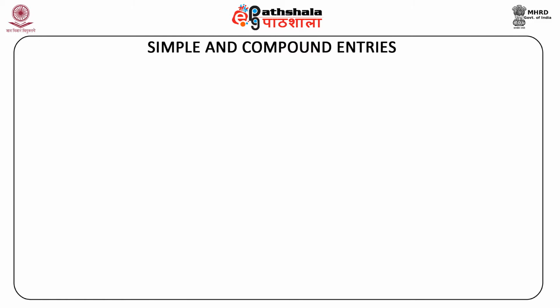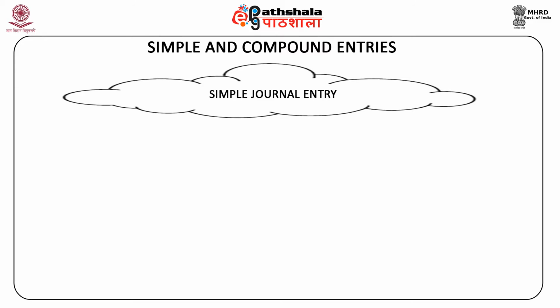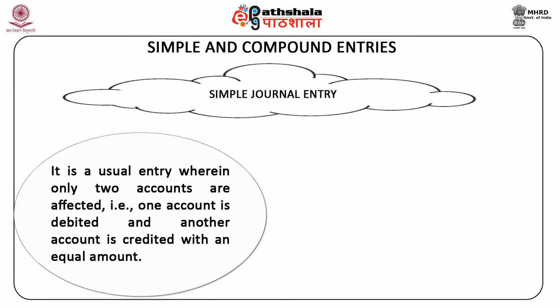It can be studied that there are two types of journal entries. Simple journal entry. It is a usual entry wherein only two accounts are affected. That is, one account is debited and another account is credited with an equal amount.